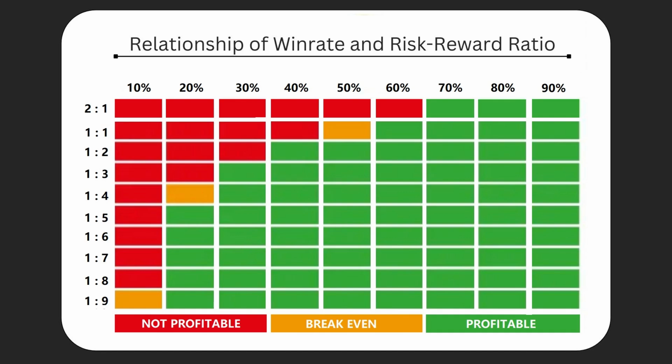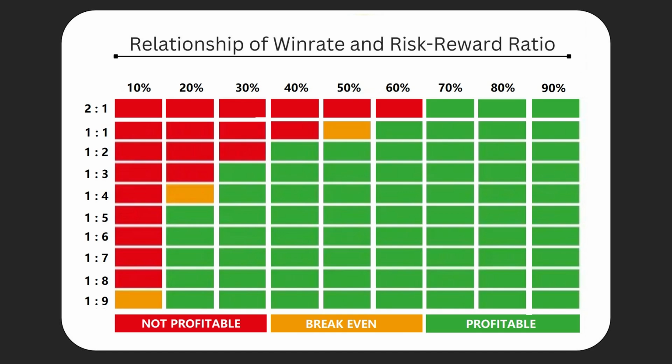Now, the reason I've chosen this risk to reward ratio as my optimal RR for my trades is another story in itself. But the main thought process is right here explained in this table. You can see that for a 1 to 3 risk to reward ratio, you only need at least a 30% win rate to be profitable, right? From this information, you can see that it's really exponential, right?